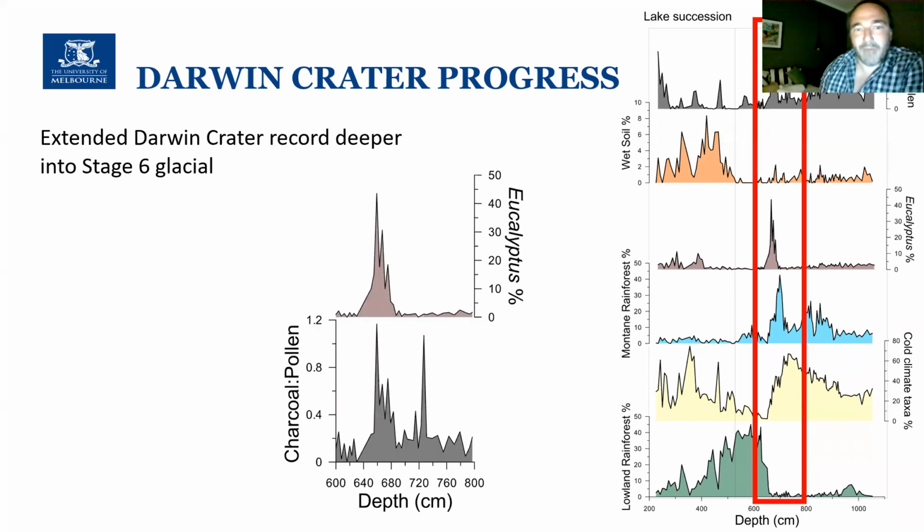There's a really interesting pattern that we're finding recurring in a few places, and I'll show you a bit of data we've recently published on this, where there's a nice correlation, as you might expect, between eucalypts and charcoal. And this U-shaped curve here of charcoal through a transition from a glacial period to an interglacial period is really characteristic of all the glacial transitions that we've observed so far.